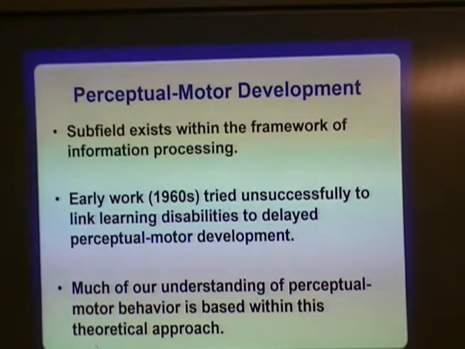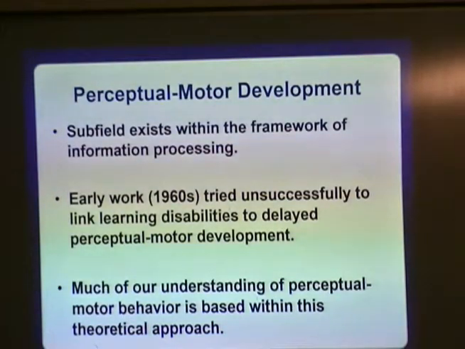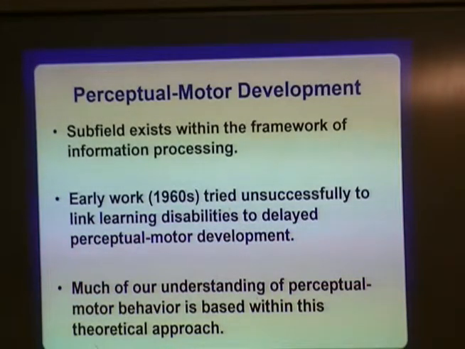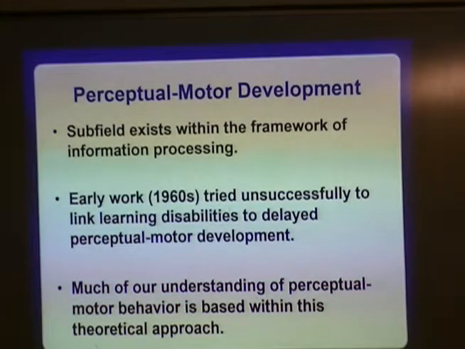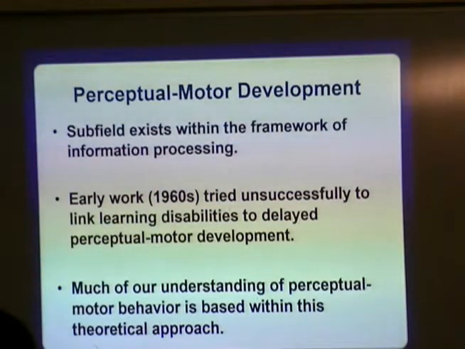So much of our understanding, when we get to chapter 11, we're going to look at perception action and the link between what I see, what I hear, what I feel, what I touch, and the movement. Right? So a lot of the information that we'll look at in chapter 11 came about through research that was done during the 70s when people started using an information processing model. Okay?